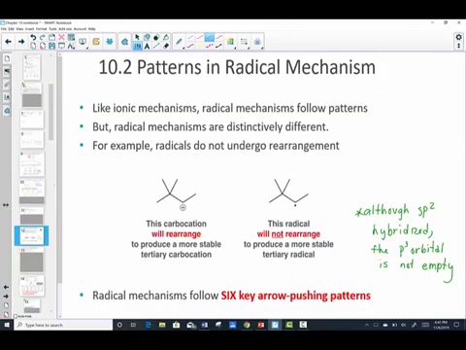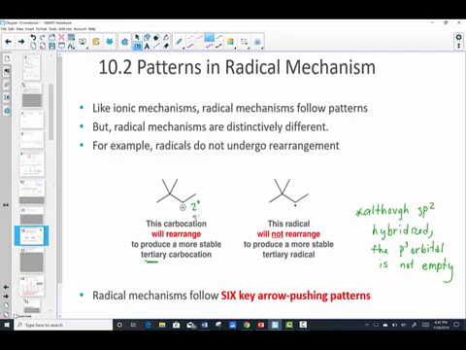It just shares with us that, like ionic mechanisms, radical mechanisms follow specific patterns, but these patterns are very different mechanisms than ionic reactions. So for example, here we know that a carbocation in a secondary position could undergo a hydride shift or even a methyl shift to create a rearrangement, and a tertiary carbocation would form.